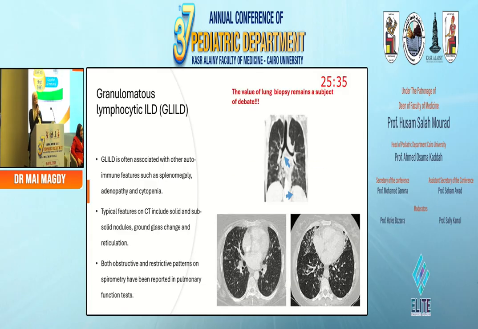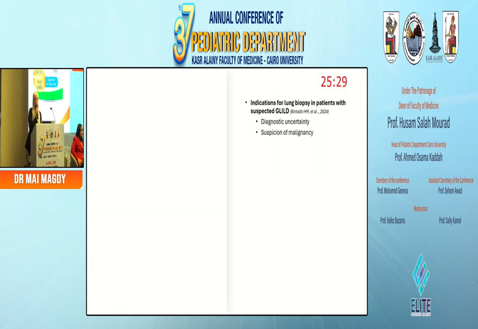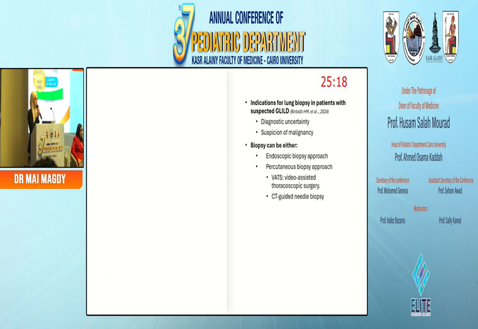So, should we proceed to lung biopsy? It's still a debate. What are the indications for lung biopsy in patients with GLILD? Diagnostic uncertainty or suspicion of malignancy. Biopsy can either be endoscopic, transbronchial, or percutaneous, either by surgery or CT needle biopsy.